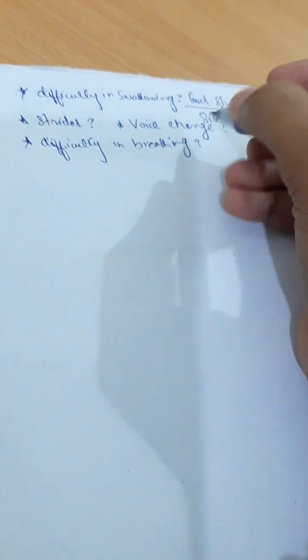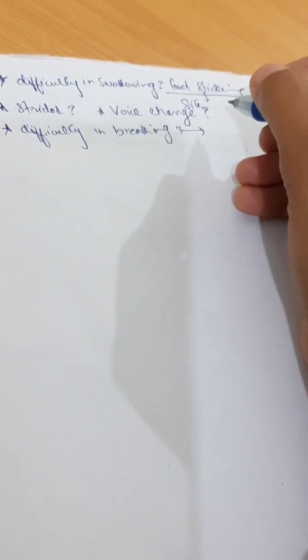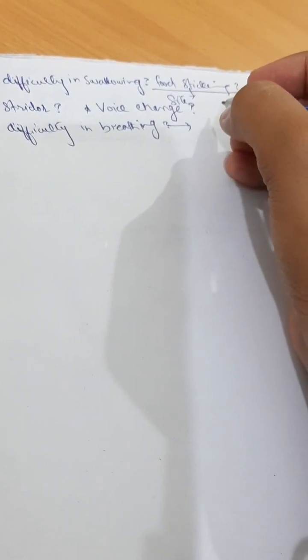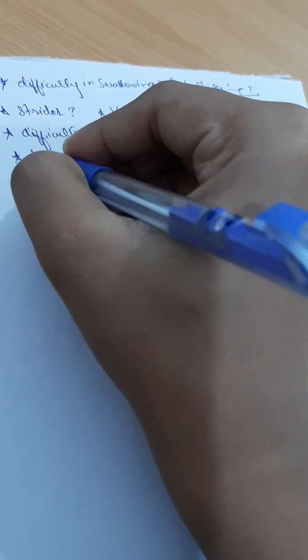Voice change. Difficulty in breathing. Like if the patient is asked to climb stairs, how many stairs is he or she able to climb easily? Okay. Ask about the fever.